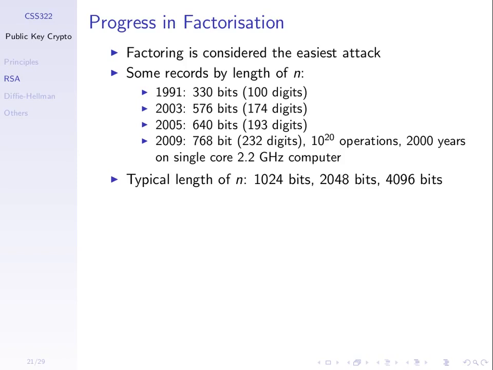Just adding bits is not linear; adding bits can make it much stronger. So you cannot simply extrapolate from here, but if you did, what have we gone? Over 18 years, from 1991 to 2009, it increased by about 400 bits.